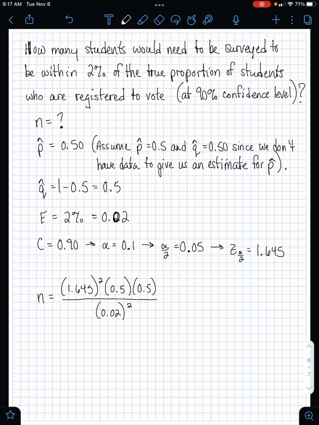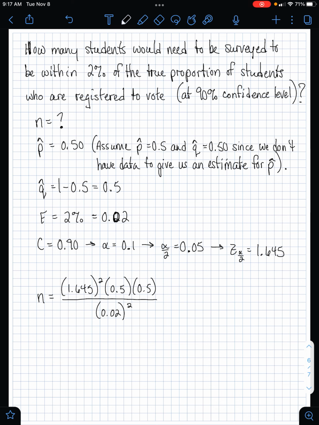Well, the idea is we would rather survey more people than we have to than survey too few. To make sure that we're getting at least the right number of people surveyed, we'd rather have this calculation provide a bigger number than a smaller number. The bigger the number is, the more certain we can be of the accuracy.